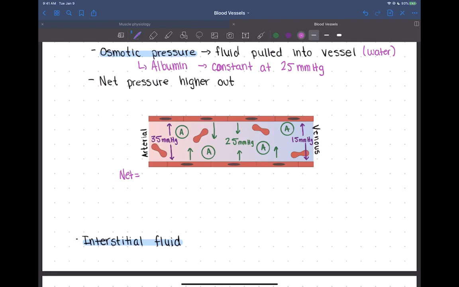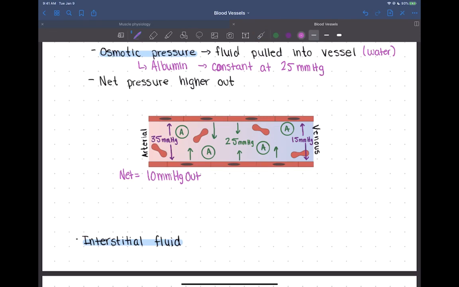We have 25 pushing in. So that would give us a net of 10 millimeters of mercury pushing out. Okay? Hopefully you see that. We would just subtract. So you just do 35 minus 25. And so the 35 is higher, so that means that we're going to be pushing out more than we're going to be pulling in. All right?